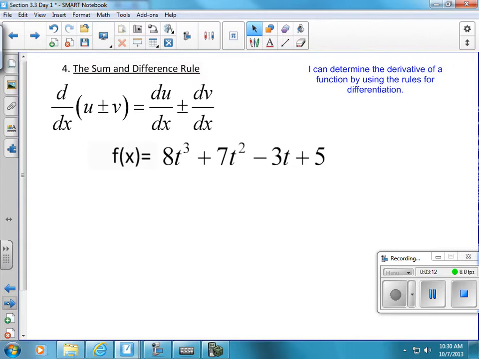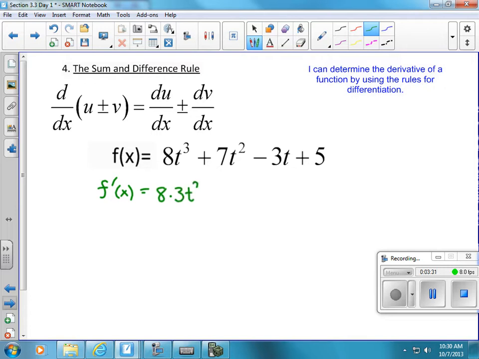The next rule is the sum and difference rule, which we've really already used. That just says when you take the derivative of a bunch of terms, you add them all together. So this is 8t cubed. The derivative of that is 8 times 3t squared. The derivative of 7t squared is 7 times 2t to the 1.